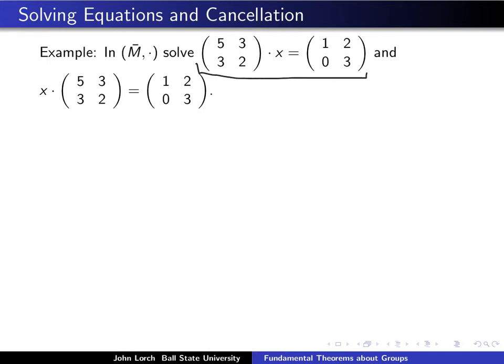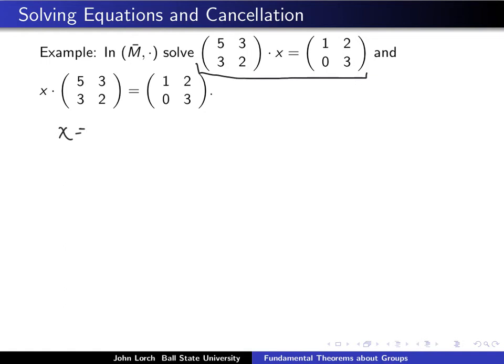this equation here. So if I want to solve for x, the proof on the previous slide told me that what I should do is multiply by the inverse of the matrix 5, 3, 3, 2, and that I need to multiply on the left side everywhere by that inverse. If I do that, I'll isolate x on one side.